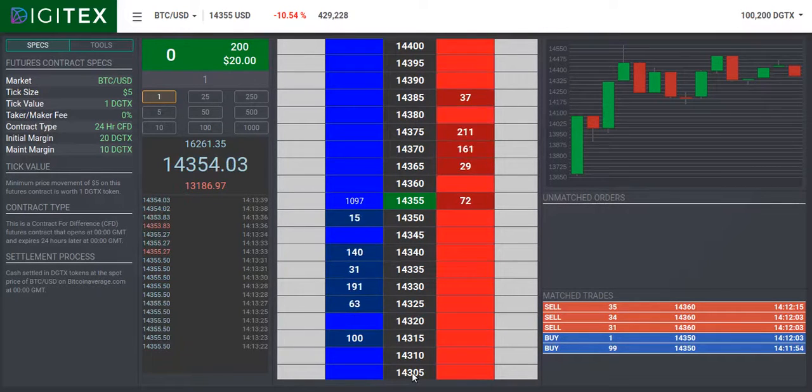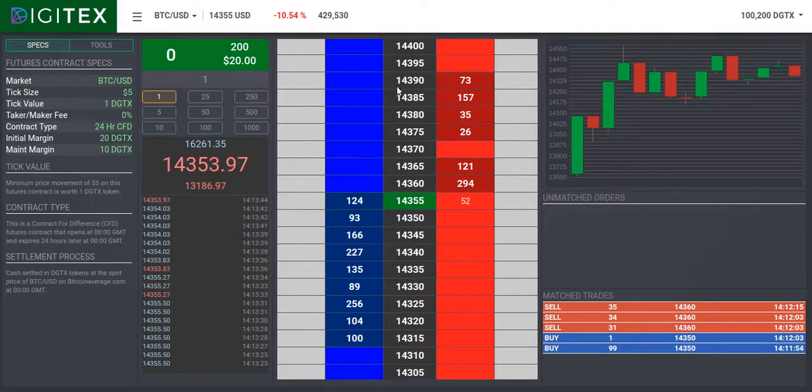What it helps us do is reduce the number of price points on a page, so we can put this volatile market on it. Bitcoin is crazy volatile right now, but even though it's volatile, we can still display it on this one-click ladder trading interface.